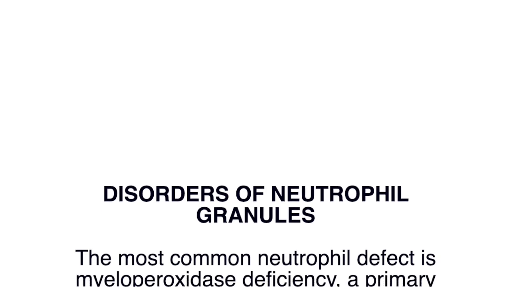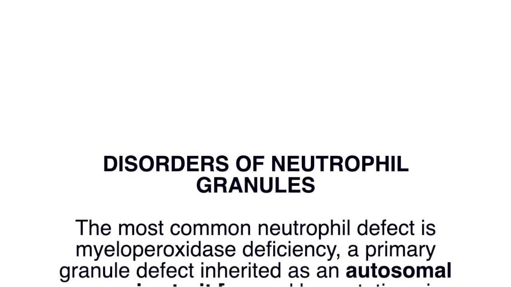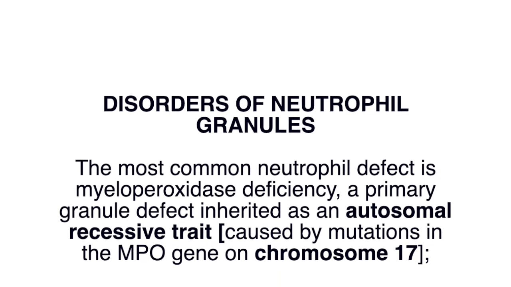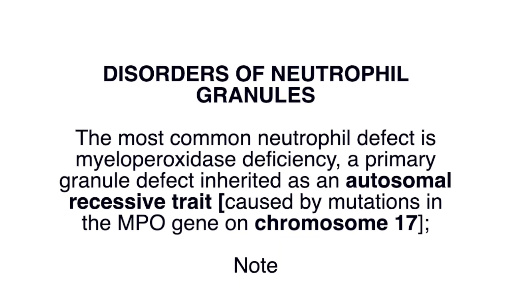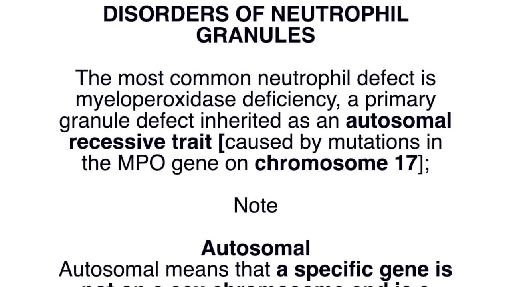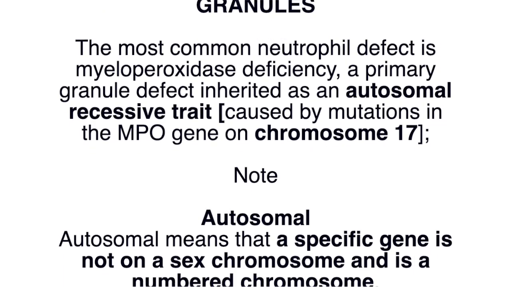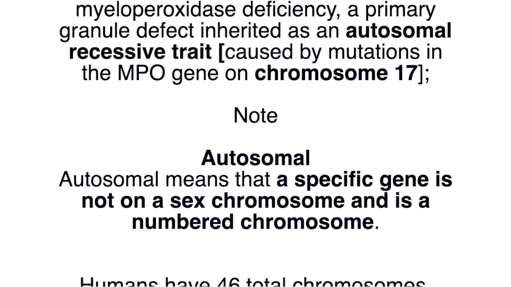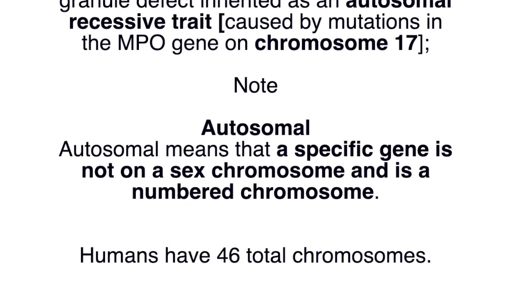Disorders of neutrophil granules. The most common neutrophil defect is myeloperoxidase deficiency, a primary granule defect inherited as an autosomal recessive trait caused by mutations in the MPO gene on chromosome 17. Note: autosomal means that a specific gene is not on a sex chromosome and is a numbered chromosome.